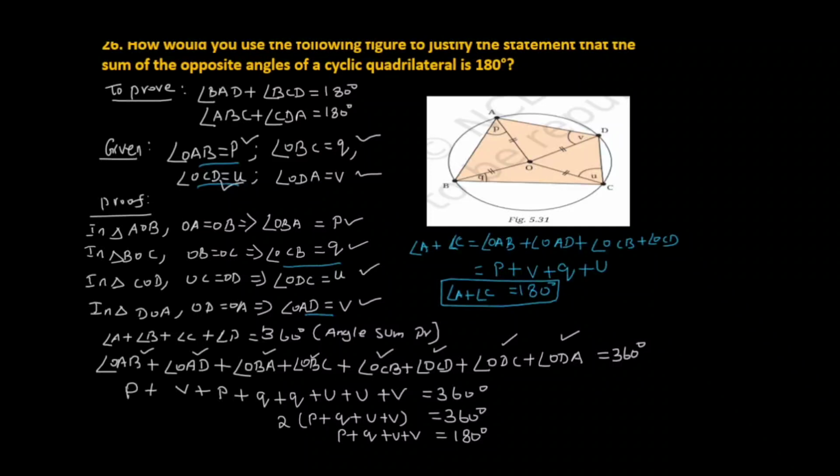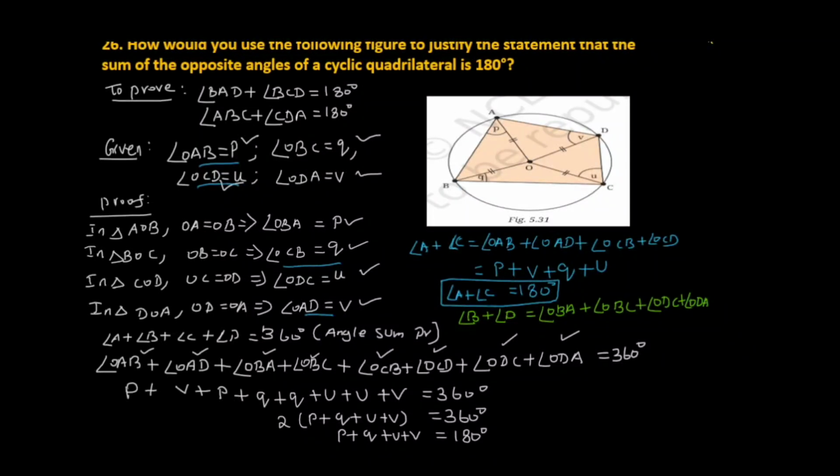Let's check the next pair: angle B plus angle D. Angle B is nothing but angle OBA plus angle OBC. Then angle D is angle ODC plus angle ODA.